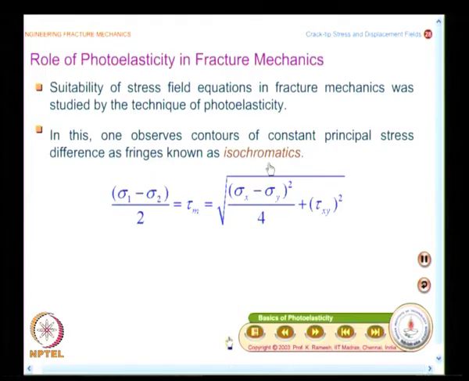And how are they mathematically related? The maximum shear stress is given as the square root of ((sigma x minus sigma y) whole square divided by 4) plus tau xy whole square. Suppose I solve a problem analytically, then I would get expressions for sigma x, sigma y as well as tau xy.